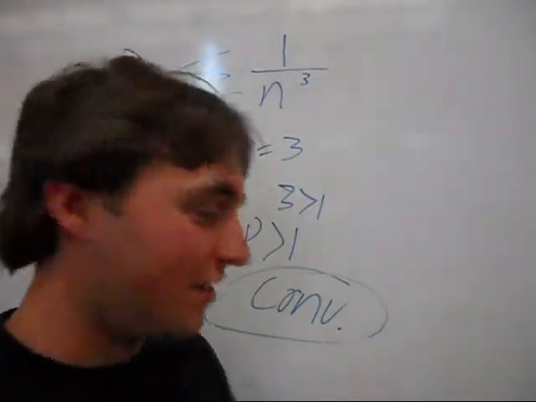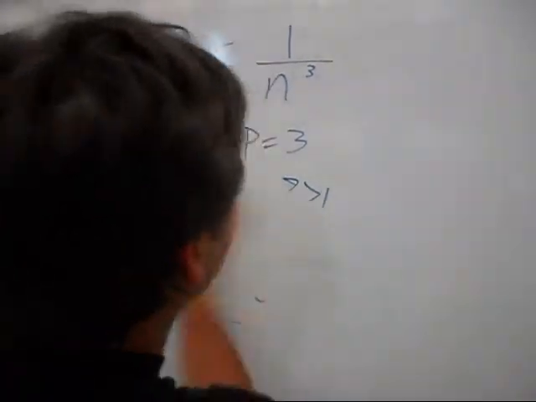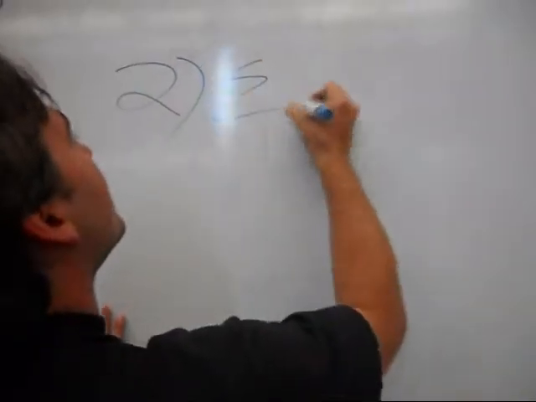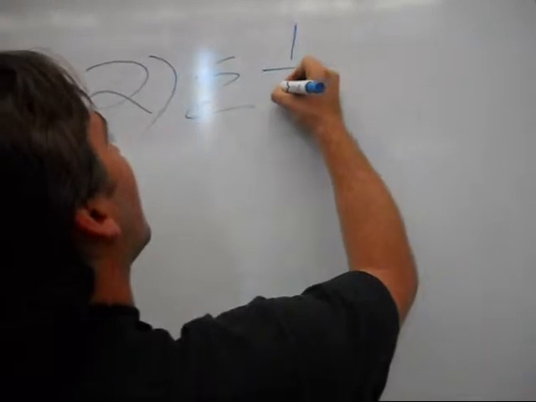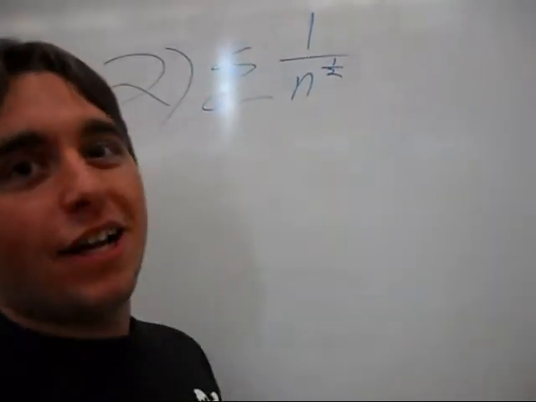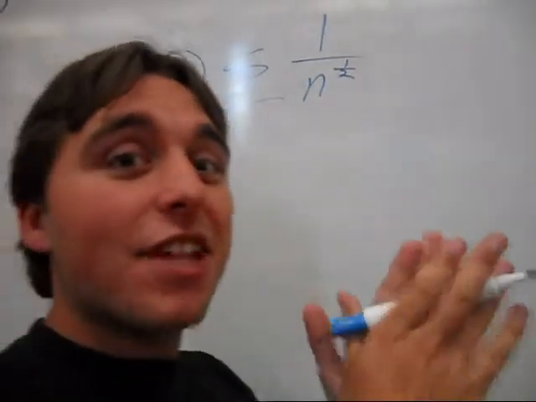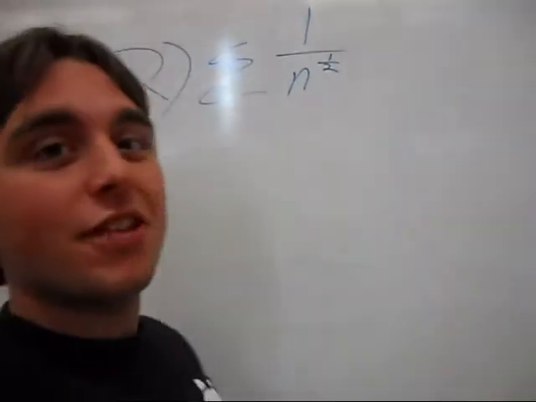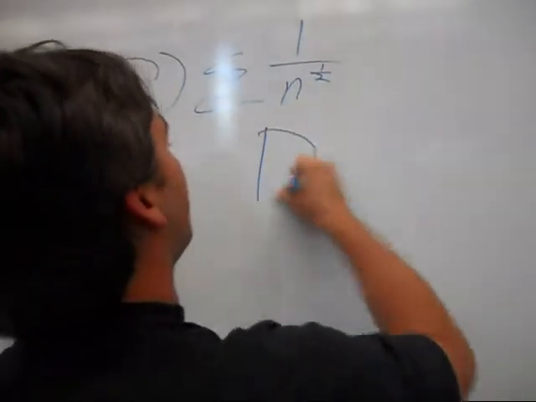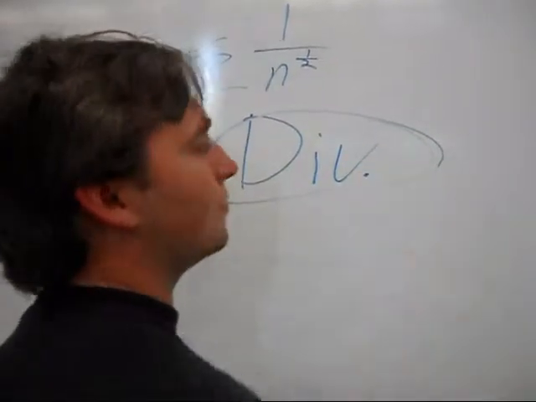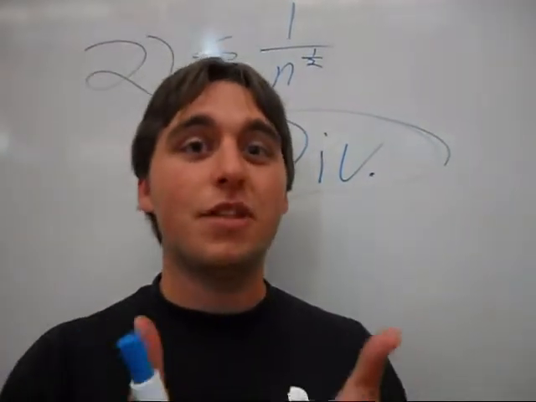And that's good. And example 2, you have a series 1 over n to the 1/2 power. And that's not good, because that's less than 1. And we all know what happens when p is less than 1, don't we, kids? It diverges. And that's P-series.